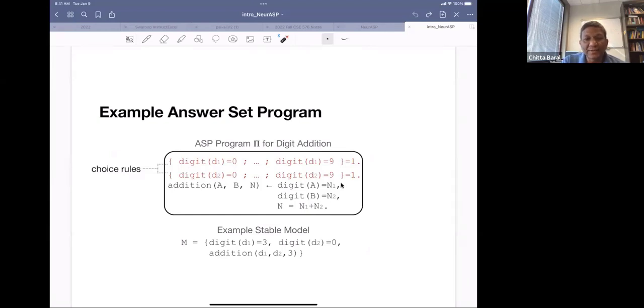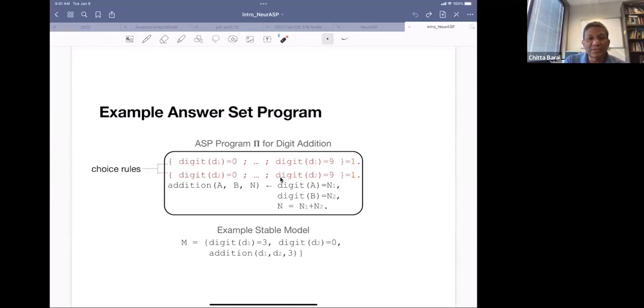And the second choice rule says in each answer set, the digit of D2 should have a value between 0 and 9. So in essence, just by these two, you would have 81 different answer sets. In each answer set, the digit D1 will have a value between 0 and 9, and D2 will have a value between 0 and 9, and you will have all possible combinations. So the choice rules allow you to do that.